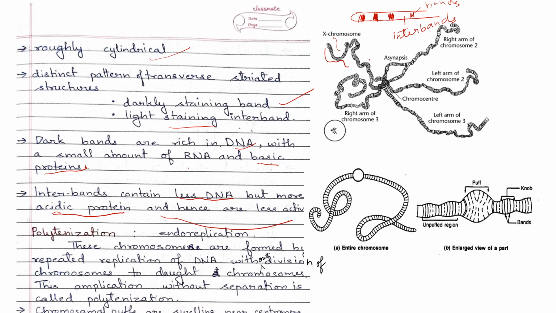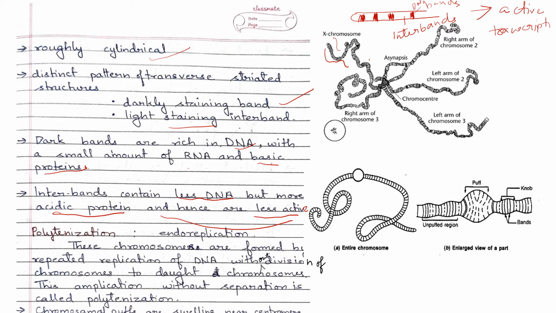So the banded regions are rich in DNA, with basic proteins and some RNA, so they participate actively in transcription, because they have a lot of DNA. The interbands are mainly composed of less DNA and more acidic proteins, so that makes them less active in nature.